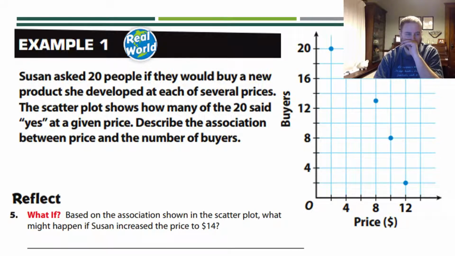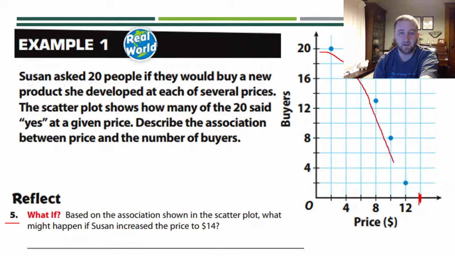Now this is a good question to ask here. It says, based on the association shown in the scatter plot, what might happen if Susan increased to $14? So if she increased the price here to $14, what do you think would happen? Well, if we go by this trend, how many people do you think are going to buy her product if she increased the price? Sorry, that would be $13 right there.